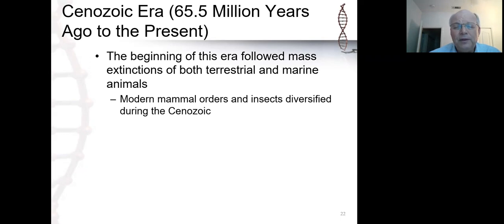At the end of the Cretaceous and into the early Cenozoic, the diversification of insects and the diversification of flowering plants, as I mentioned back in chapter 30, seem to parallel each other. We're not entirely sure which came first. It's gone backwards and forwards, but the current thinking is that it was probably insects first and then flowering plants as a consequence.